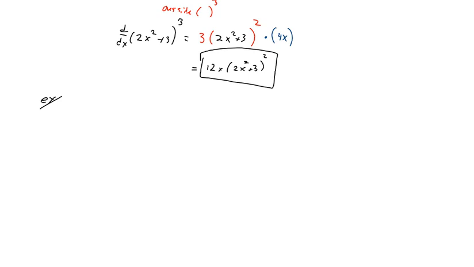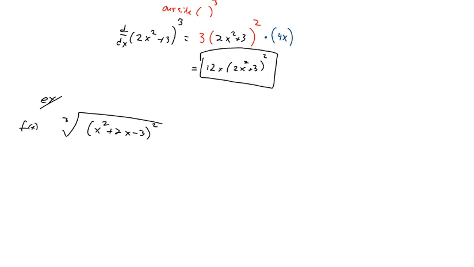So I have this function here, F of x equals the cube root of x squared plus 2x minus 3 squared. How do I do this one? There's a couple ways we can think about it. What's my outside? What's my inside?